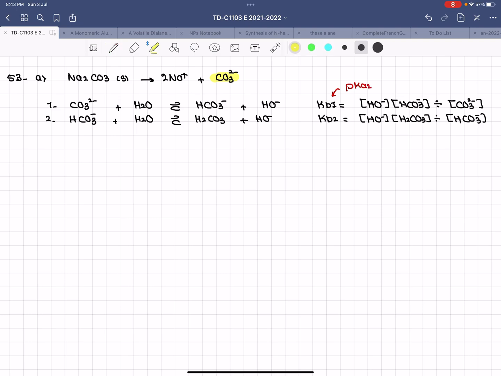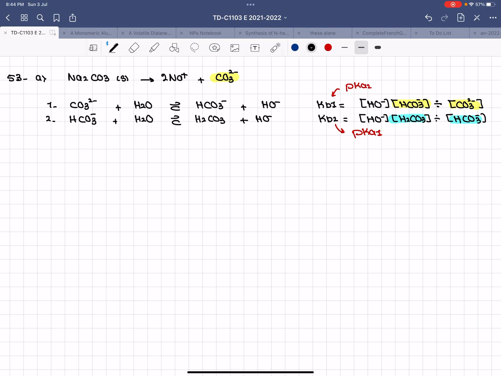Look at the couples that are present. This is the second couple, not the first one, because we always study them with respect to pKa's. KB2 you can find through pKa1. Look at the couples. These couples belong to Ka1. Very good. So this is basically the first part.